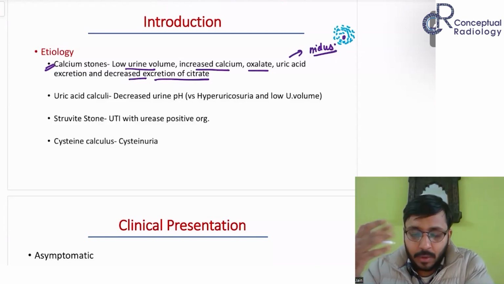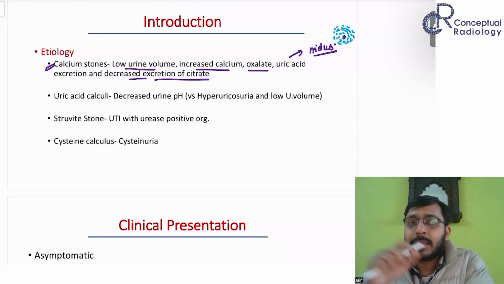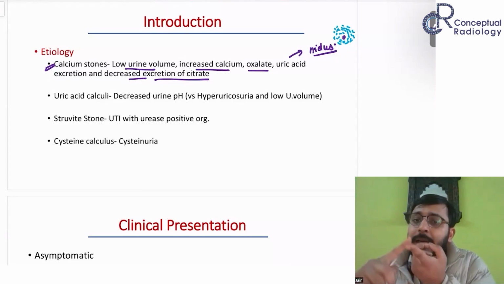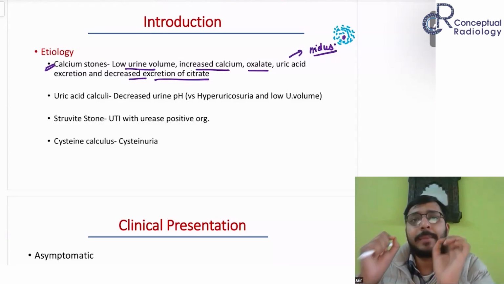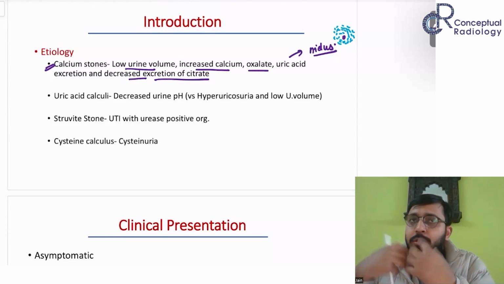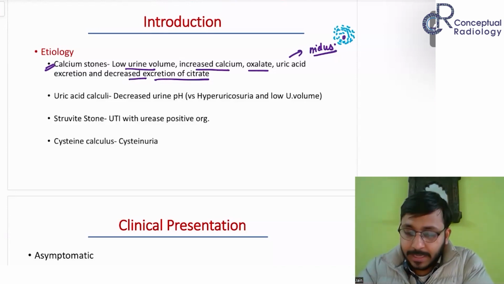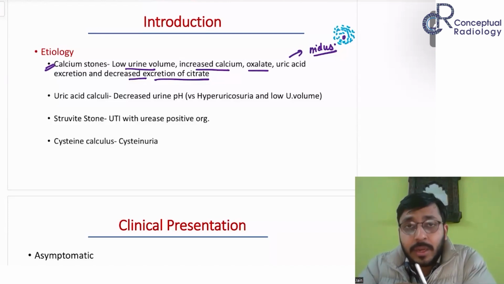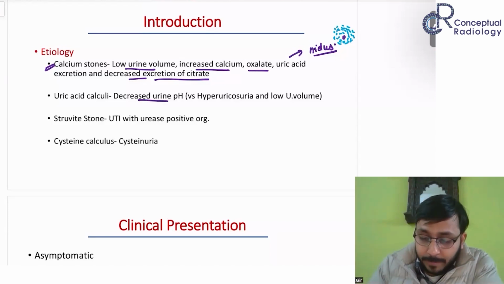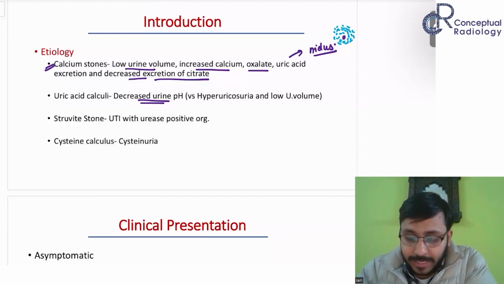Okay. Now, for uric acid calculi, the most important predictor is a low urinary pH. Okay? Most of the people think that hyperuricemia, hyperuricosuria will predispose to uric acid stones. No, low urine pH predisposes to uric acid calculi.